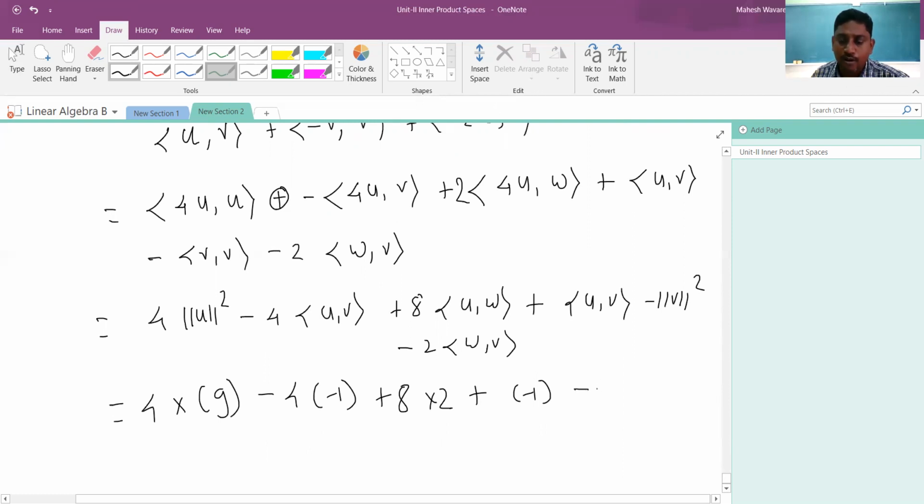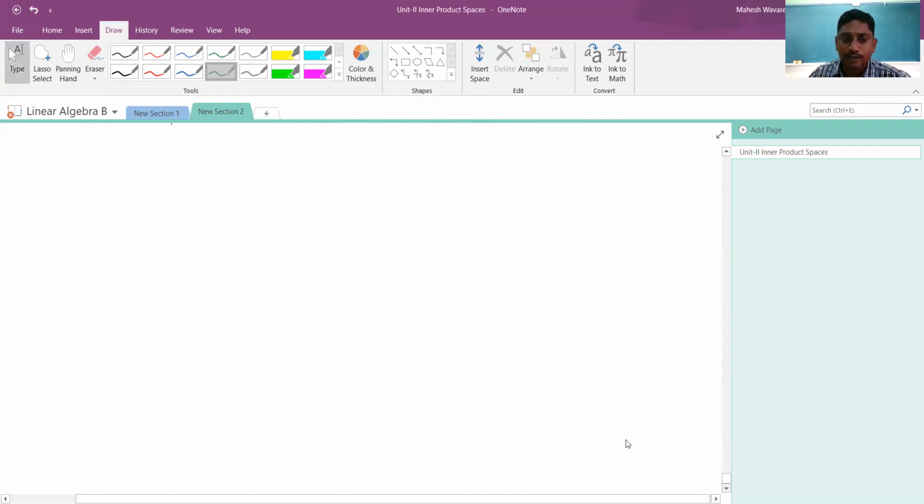Norm of v is given as 2, so norm of v squared is 4. And lastly, 2 times w, v or v, w, it is one and the same, it is given as 3. After calculations, one can verify the above step also. You should get the answer 13. So this is the evaluation of that.